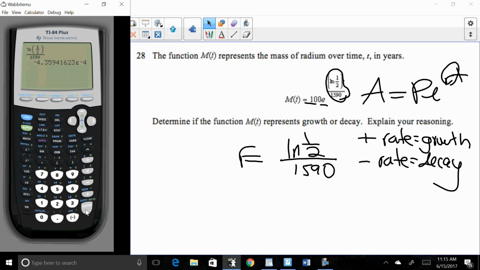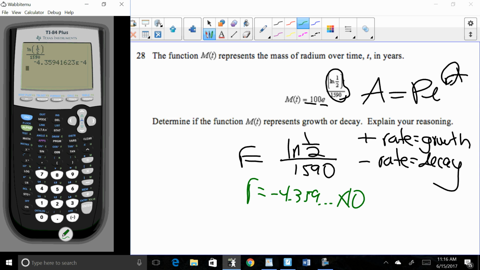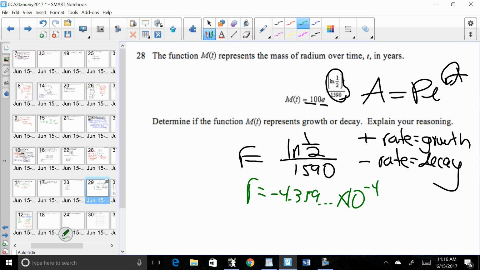It's negative 4.359 E negative 4. That E means times 10 to the negative. That's scientific notation, times 10 to the negative 4. That is decay, because the rate is negative.